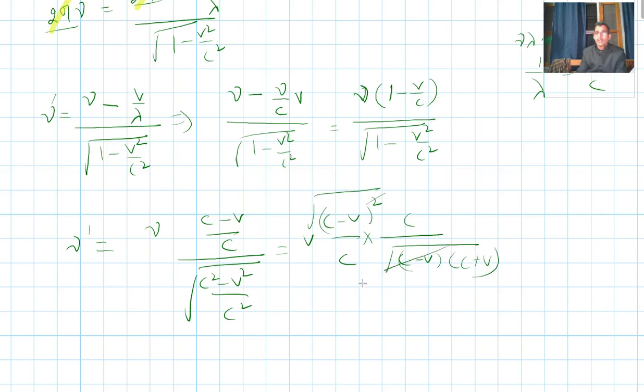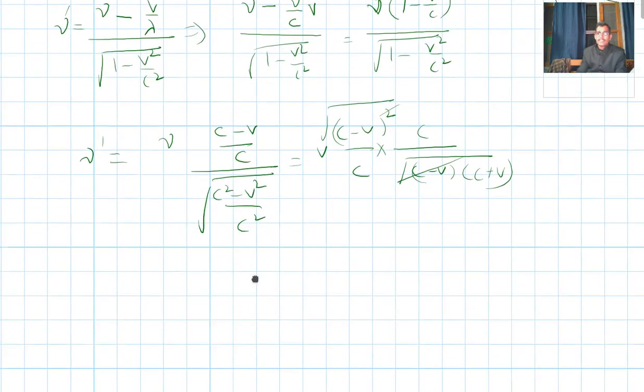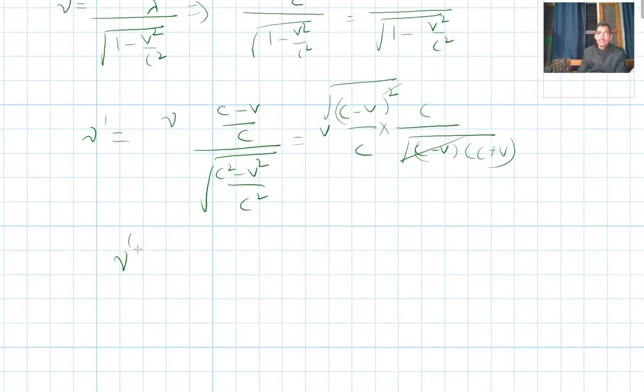It's a little algebra, no need to worry about it, you can do it very easily. So nu can be taken outside, and it is nu times the square root of c minus v over c plus v.